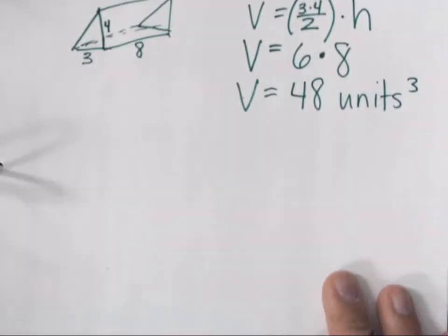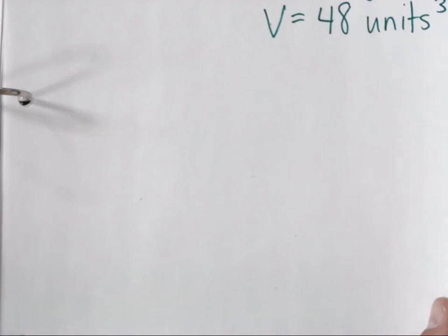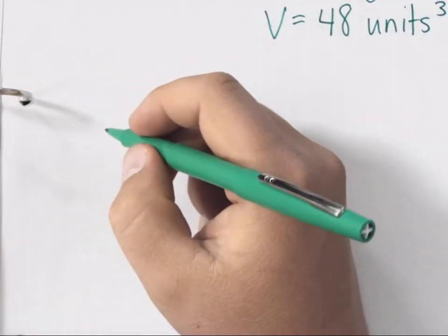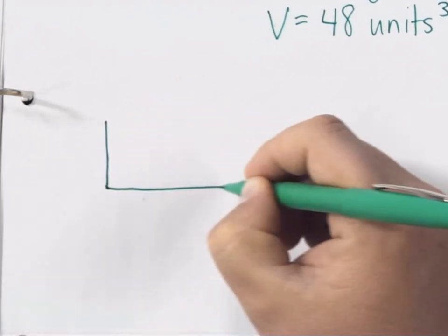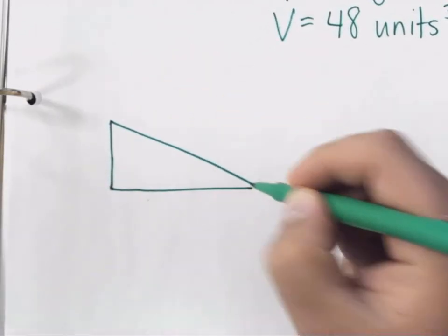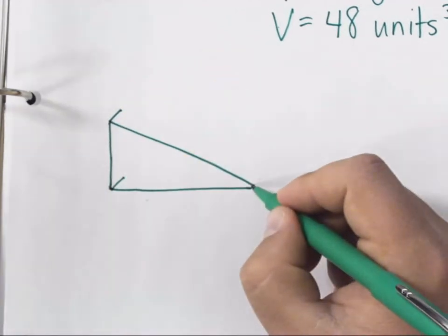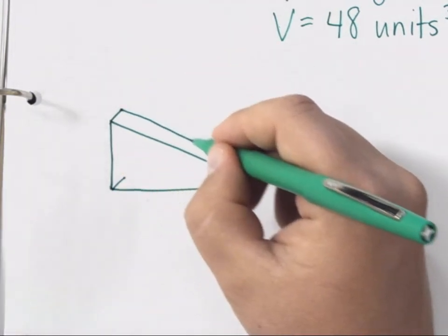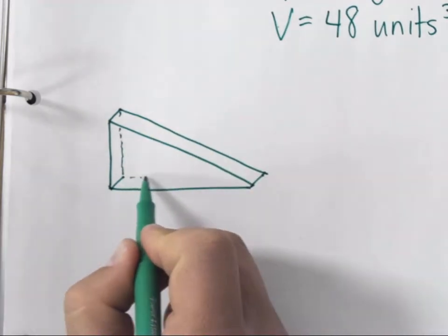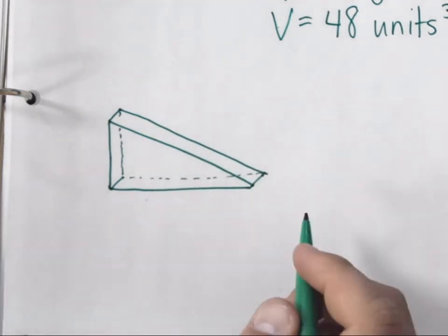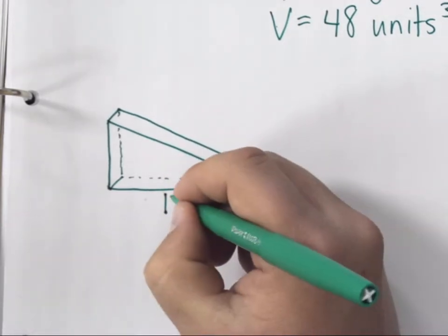So I'm going to give you 2 practice problems. I want you to try them, and then I want you to come check with me before you grab your handout. I'm going to give you a triangular prism that looks like this. The length of that triangular prism is 14.